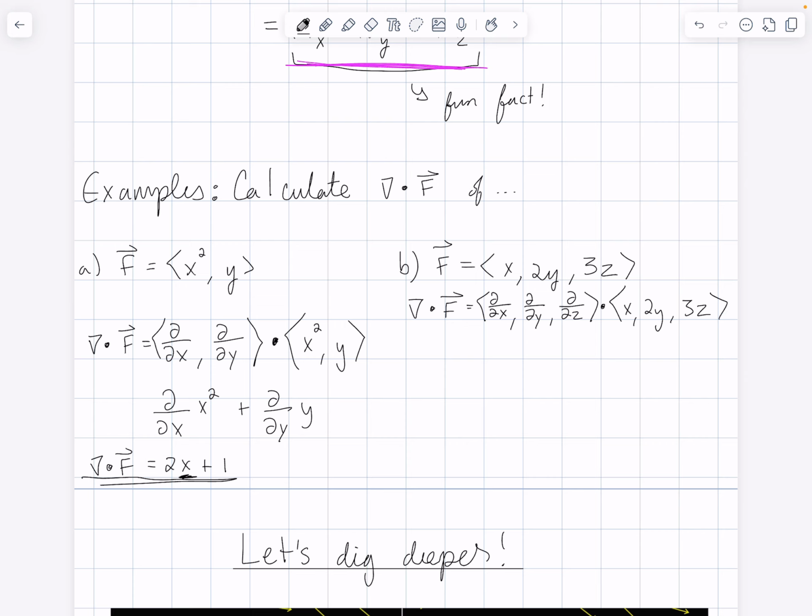Right, and now we are just going to dot product this across and take our partial derivatives with respect to each of these variables, just like we did before. And that is going to give us 1 plus 2 plus 3, which equals 6. All right, and that means there's positive spreading everywhere.